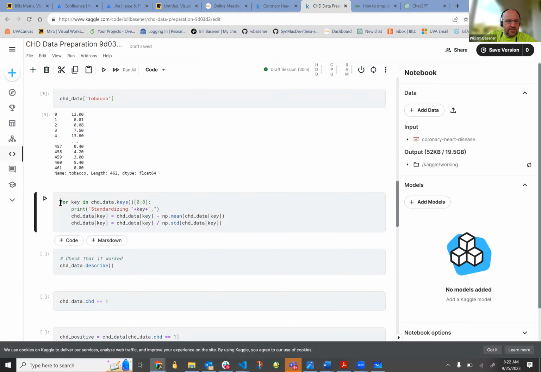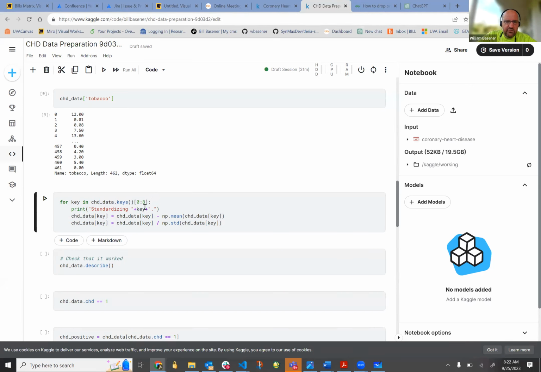Okay, so this is a nice block of code to do the standardizing. We have a for loop, and we're going to loop over the keys. In Python, you generally don't loop over an index. You want to loop over something like, in this case, the key, some iterable. It doesn't matter if you're used to coding in something like MATLAB where you iterate over indices.